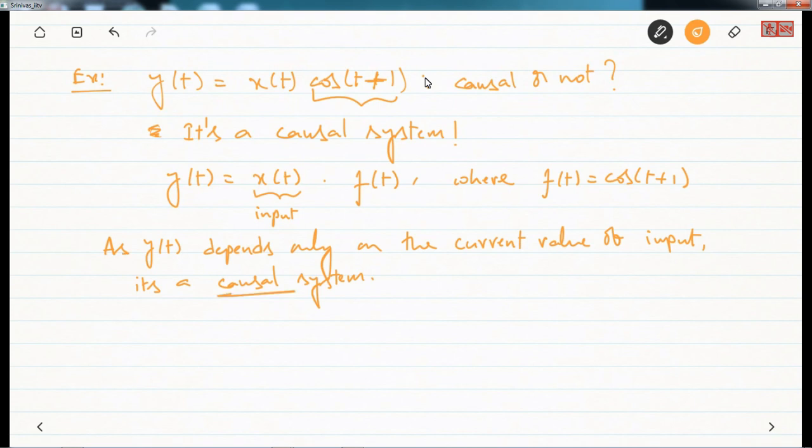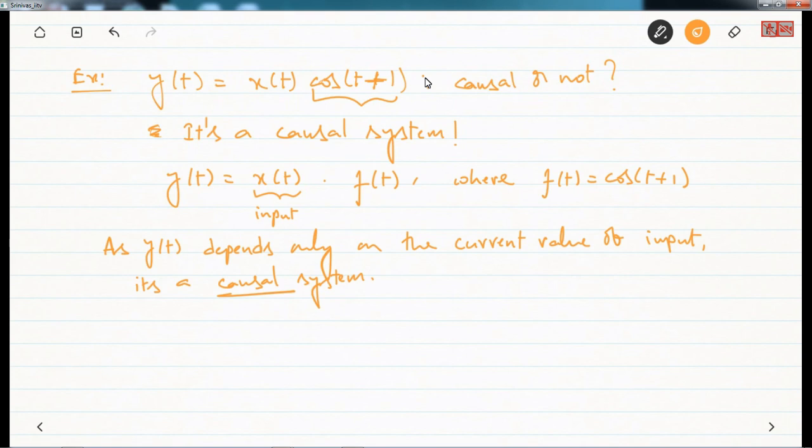You should not simply declare that because on the right hand side there is a term t plus 1, its output depends on the future values of the input. You cannot jump to that conclusion, because it is still depending on x of t, not on x of t plus 1. Yes, if it is x of t plus 1, then it's not a causal system, right?